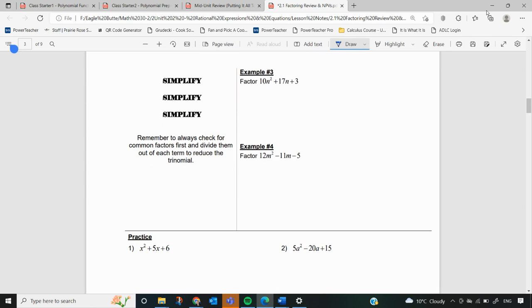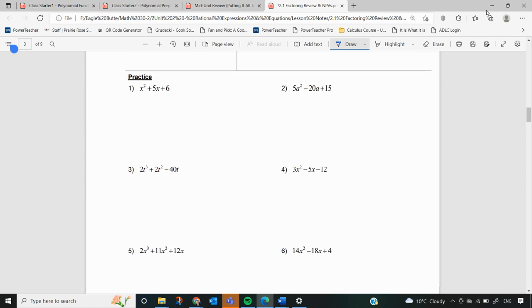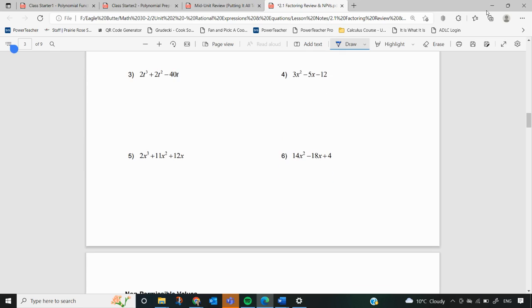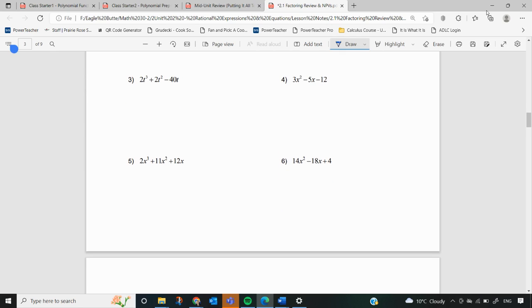Then we got into decomposition and guess and check. And so I'll take you through a couple examples here just as a refresher. If I want to factor 3x squared minus 5x minus 12, if I'm using guess and check, what I want to do is list all my factors of 3. So 1 and 3, that's my only choice, and 12. 1 and 12, 2 and 6, 3 and 4.